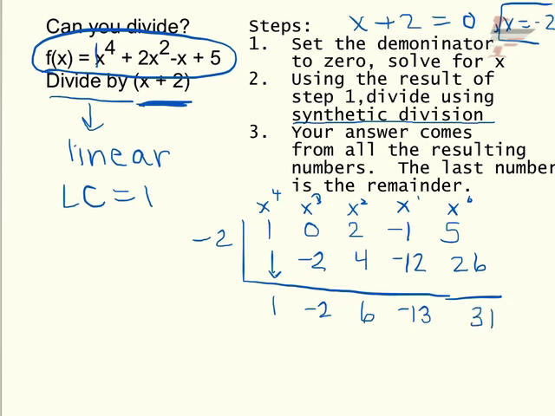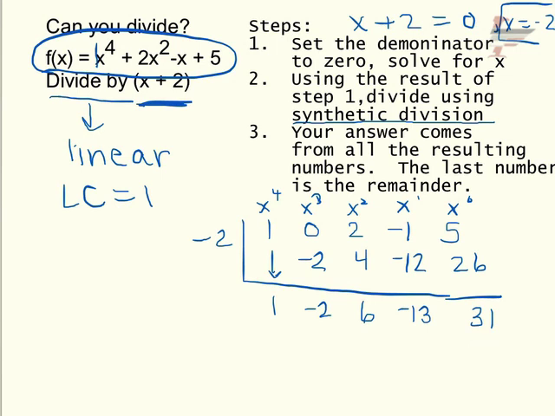Now, with synthetic substitution, we only cared about that 31, and we knew that that would be our answer had we directly substituted negative 2 in for all the x's. However, what synthetic division is, and this is step number 3, your answer comes from all the resulting numbers, and the last number is your remainder.